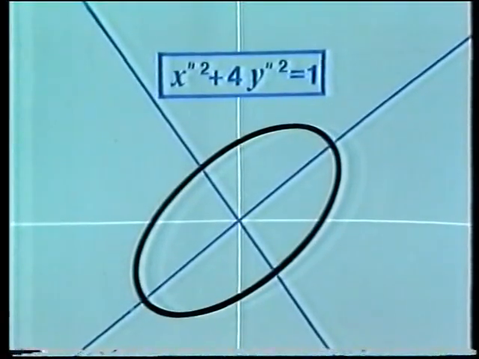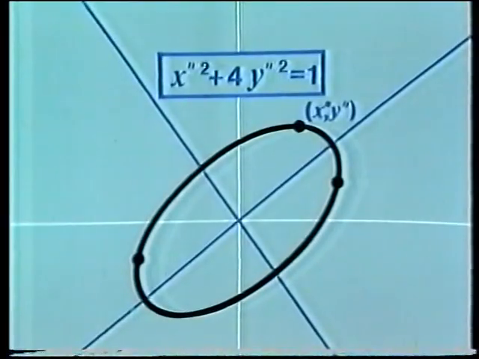The axes now seem to be sitting on the axis of symmetry of the curve. That is, if this point is on the curve, then so is its reflection in the x-axis, and also its reflection in the y-axis. If the first point is x double dashed, y double dashed, then the second is x double dashed, minus y double dashed, and the other one is minus x double dashed, y double dashed.